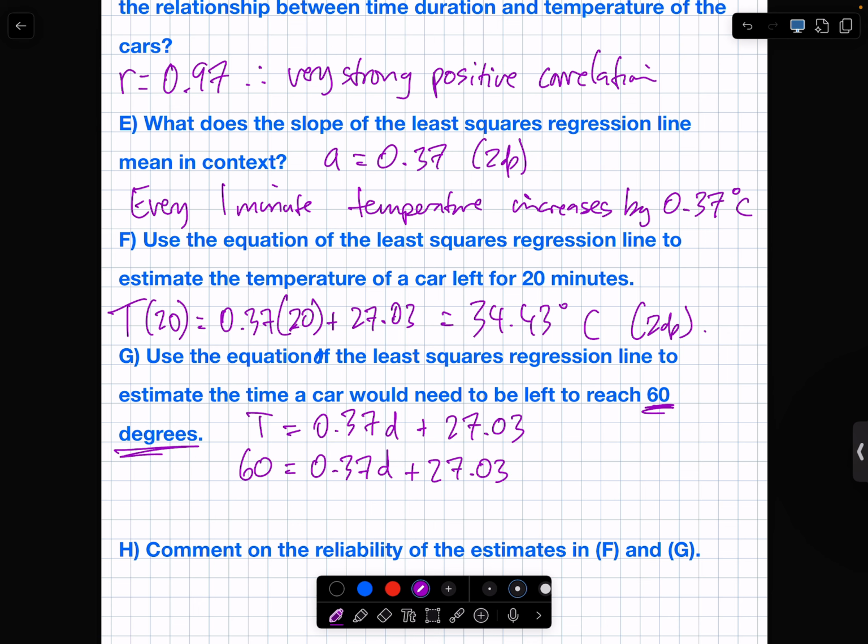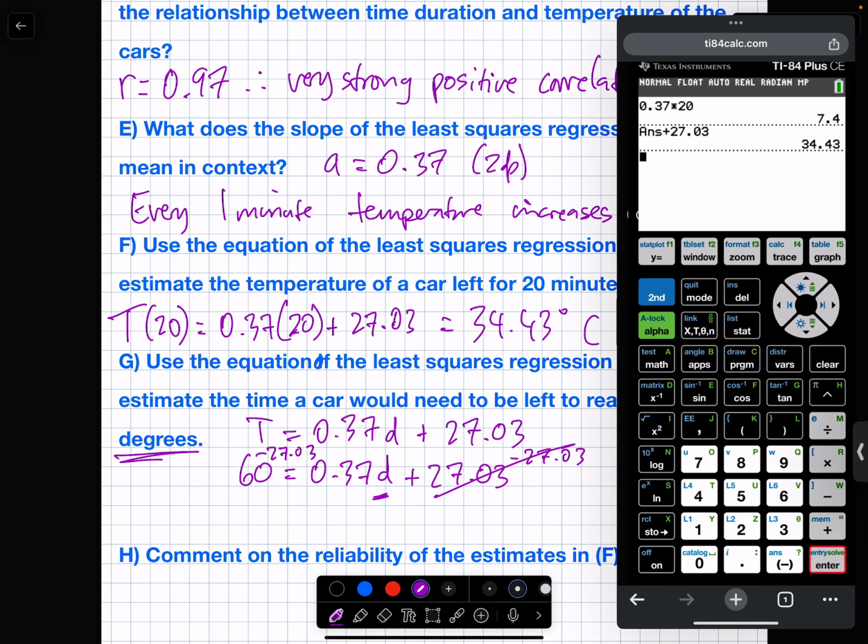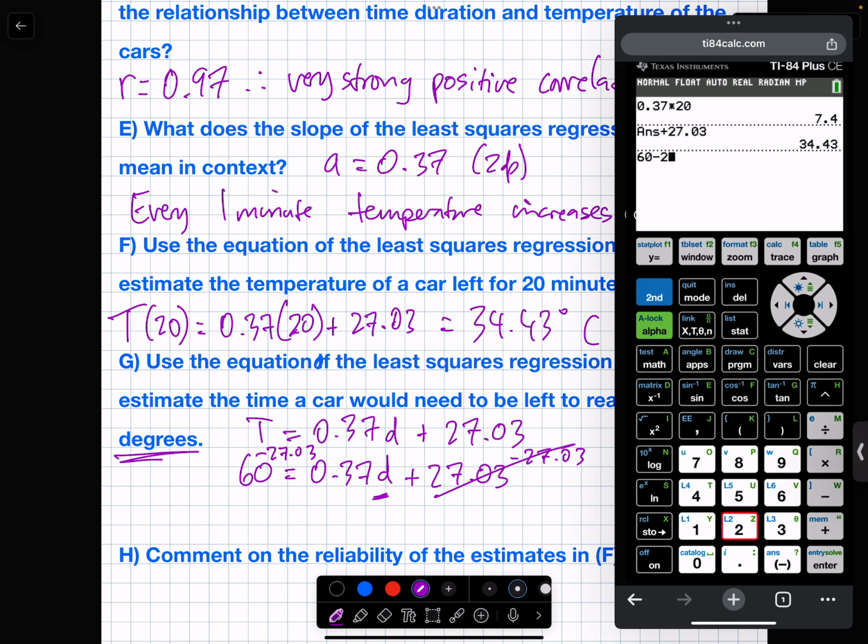You need to think back. We've got some algebra here. I need to get D by itself, so I need to get rid of that add 27.03. What's the opposite of adding 27.03 to something? Taking it away. Take 27.03 away from both sides. This is going to disappear, but this number is going to be 60 minus 27.03. So the left-hand side is going to be 32.97, which equals 0.37D.